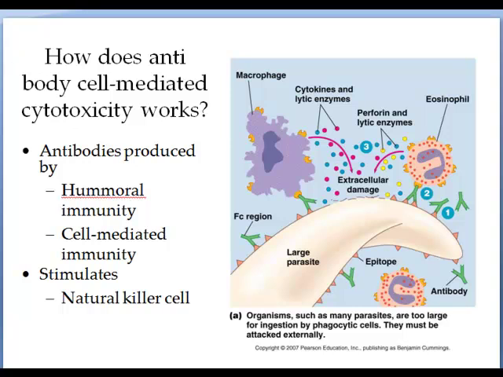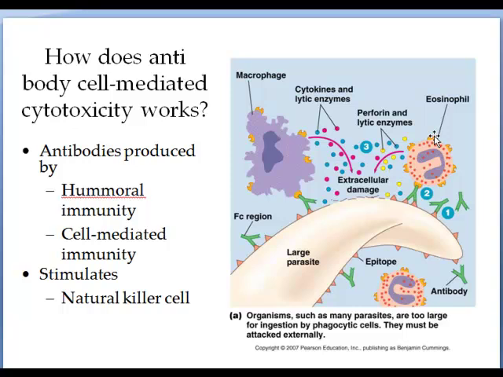Now, how does antibody cell-mediated cytotoxicity work? Notice that antibodies can be produced in the humoral immunity and also by cell-mediated immunity. And these antibodies that are formed by this process will actually stimulate the natural killer cells, and the natural killer cells will then go and destroy or perforate with the enzyme. So notice up here you've got the epitopes. The antibody comes in here.